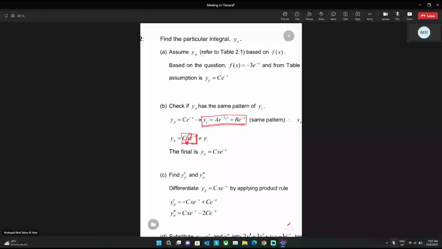Since your YP is not the same as your YC, about the pattern, not the same value, same pattern. Now the pattern is not the same anymore.